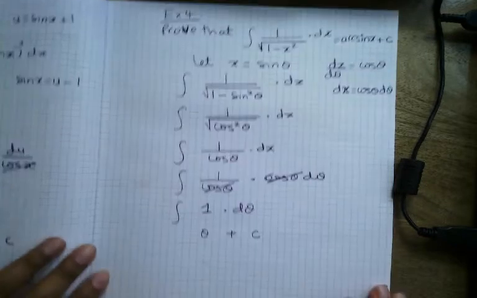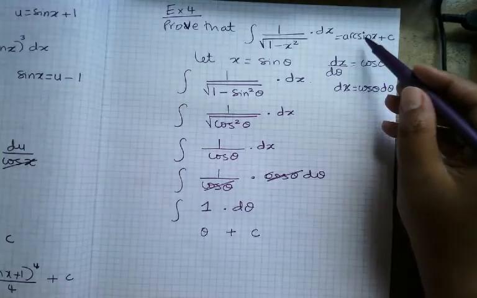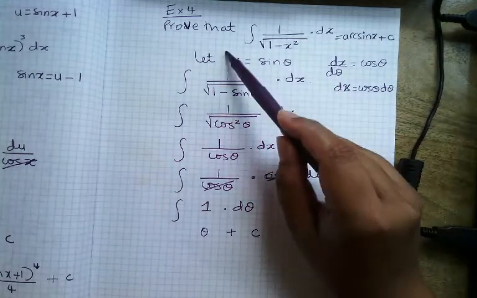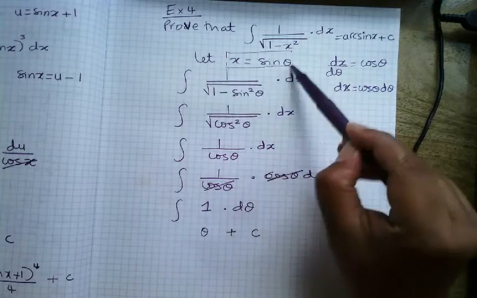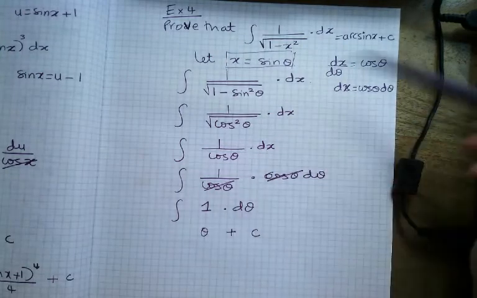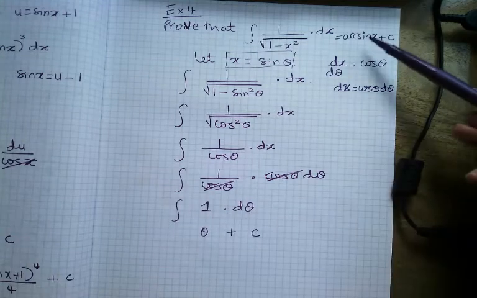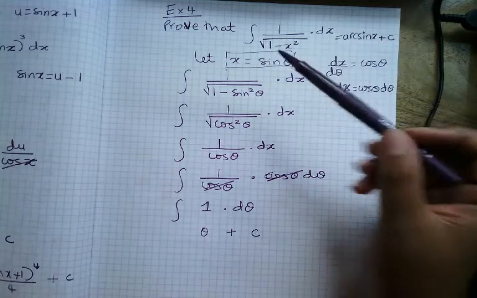Now the problem is that I haven't come down to what I was trying to prove. So I've now got to go back to my substitution. One, I haven't reached what I wanted to reach, and secondly, my answer is in theta, and I want my answer to be with x as a variable.